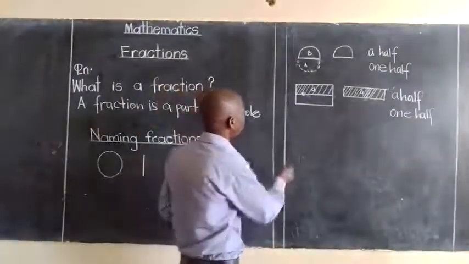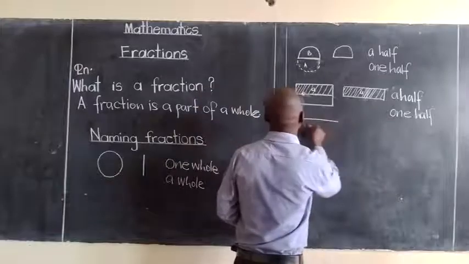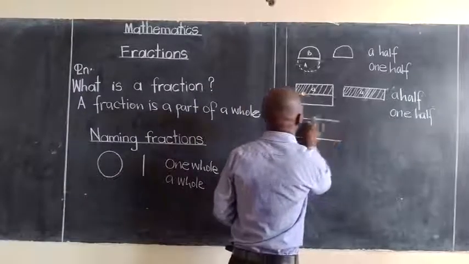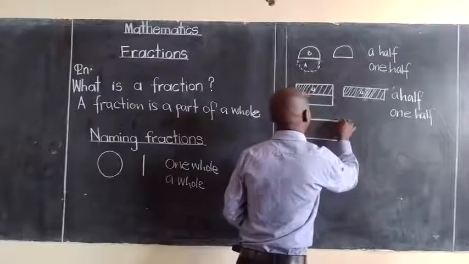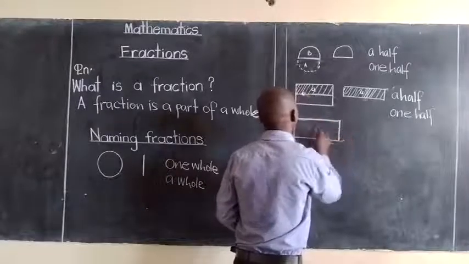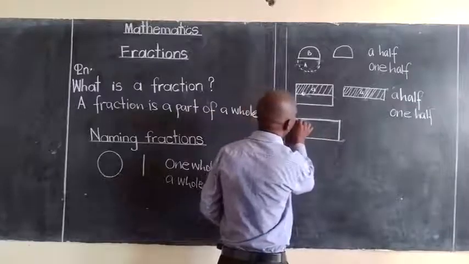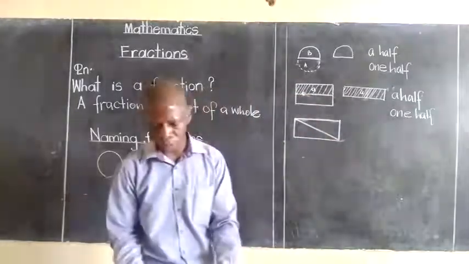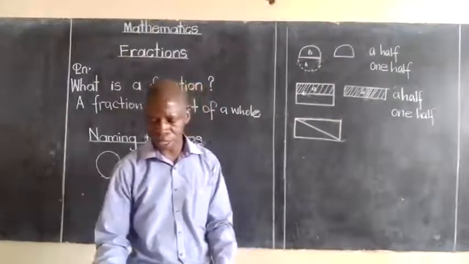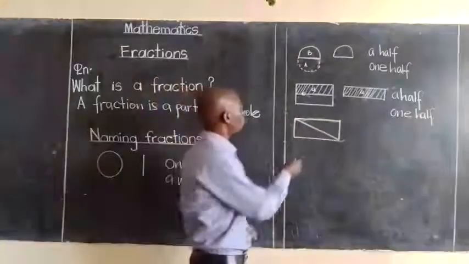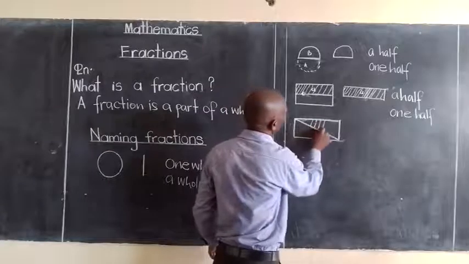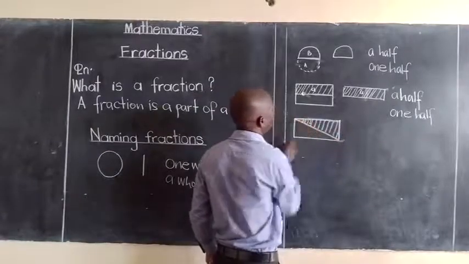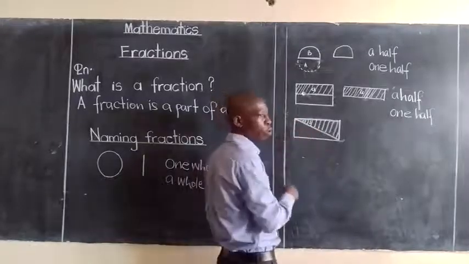But still, before we look at that, we can divide our piece of paper in that form. And this part now is still half of the paper. Half of the whole.